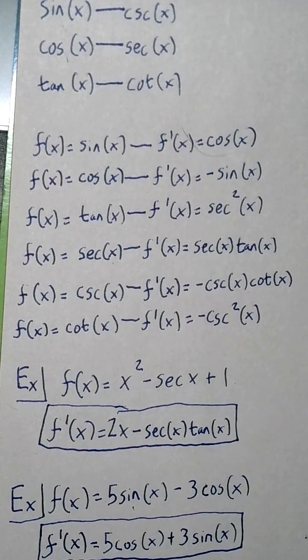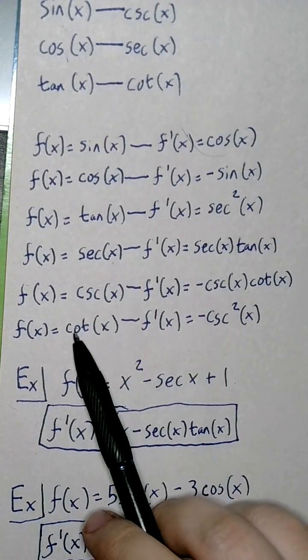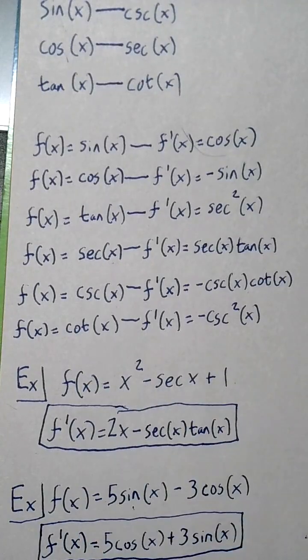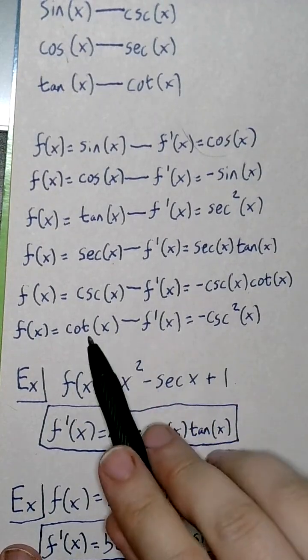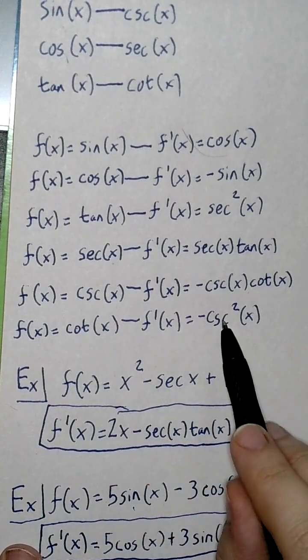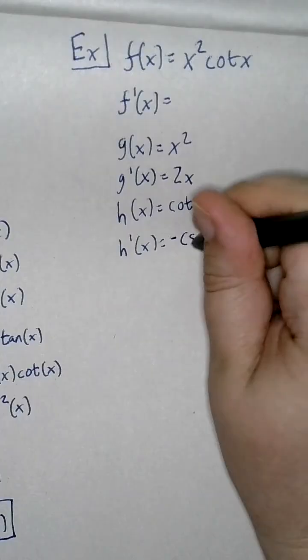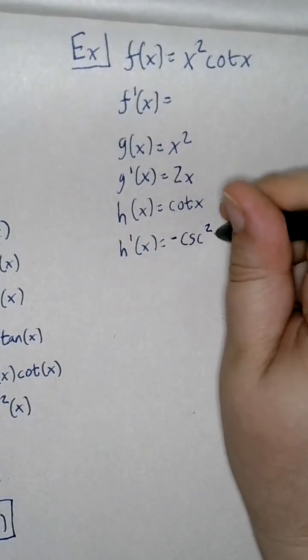MP says negative cosecant squared. So if I were to take 1 over cotangent, that would just bring me back to tangent. Right. So the derivative of cotangent is negative cosecant squared. Very good, everyone. I'm going to write that here. Negative cosecant squared x.